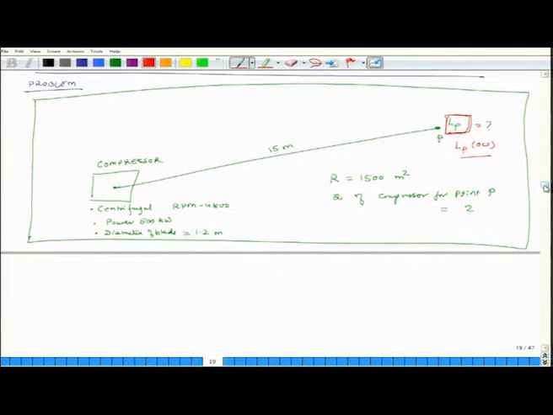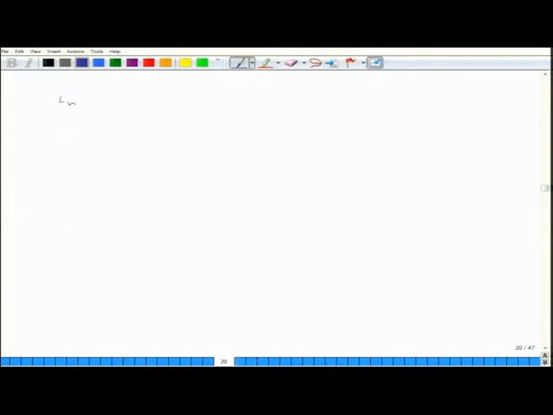So, how do we do it? For a room we know how to compute LP if I know LW. So, in this case I have to find LW. Now, this is a centrifugal compressor, so the relation is 20 log of HP divided by reference HP plus 50 log of U divided by U naught plus 81.